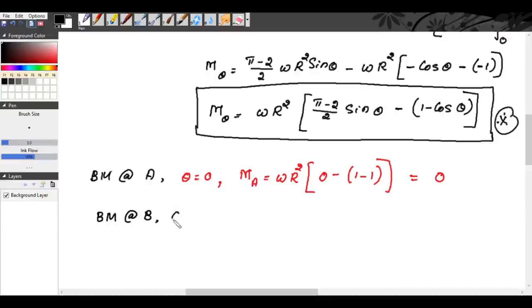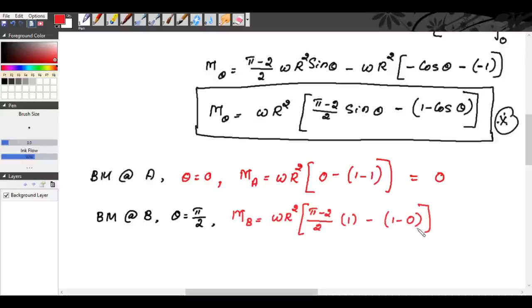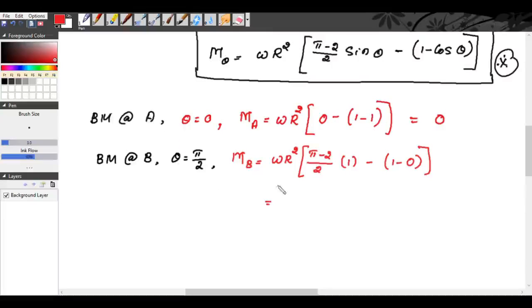At B, θ is equal to π/2, 90 degree. So bending moment at B will be WR² into (π−2)/2, sin 90 degree is 1, minus 1 minus cos 90 degree is 0. So MB is equal to WR² into [(π−2)/2 minus 1].